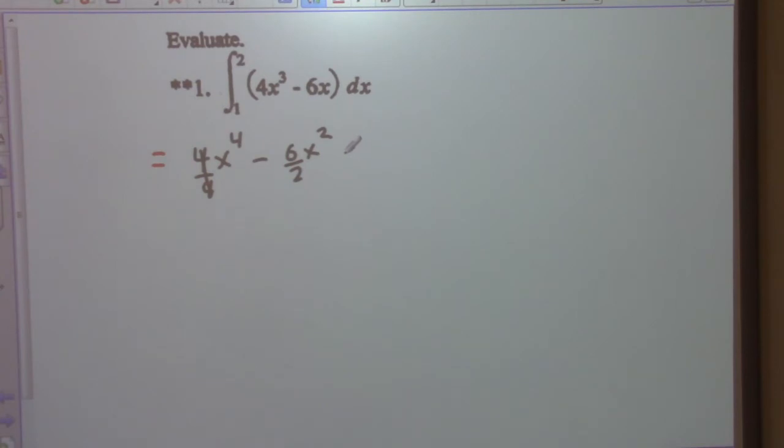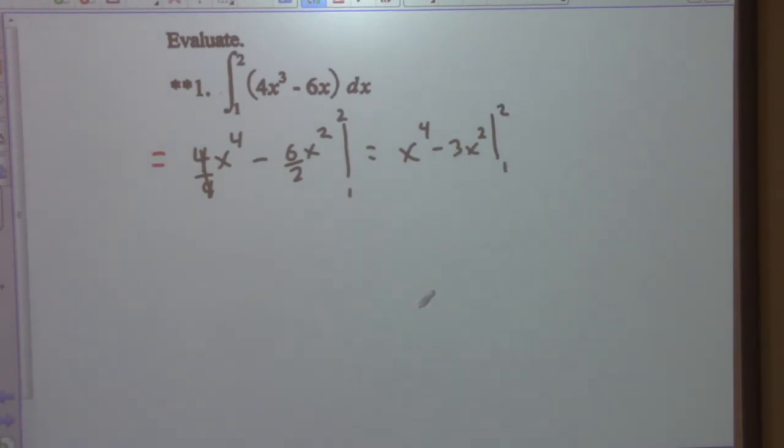And what I'm going to do, as soon as you integrate, you've got to go like this, 1 to 2. And now, just simplifying, we have x to the fourth minus 3x squared, and then from 1 to 2.